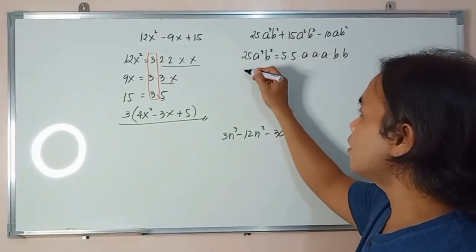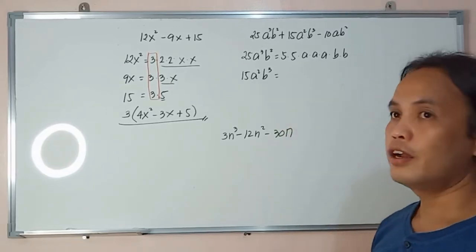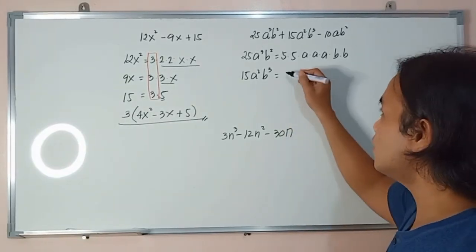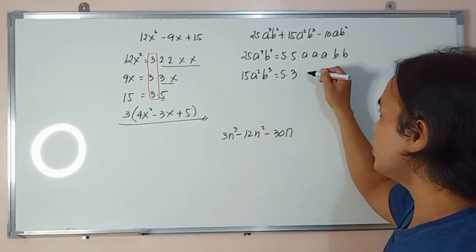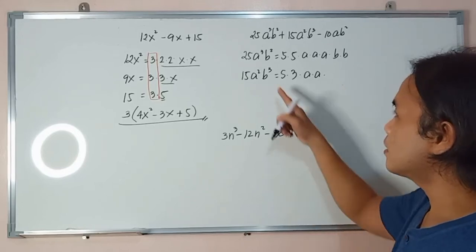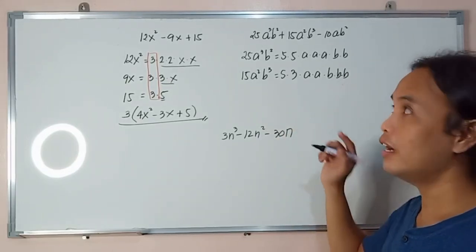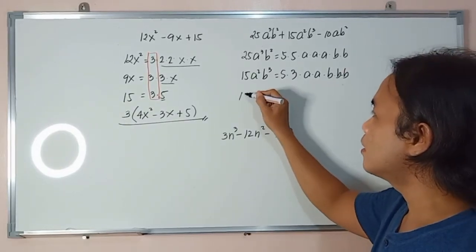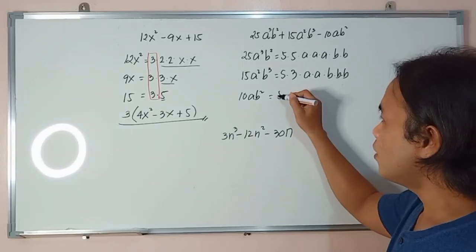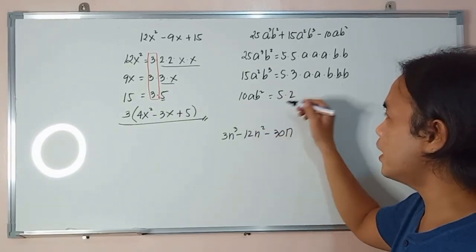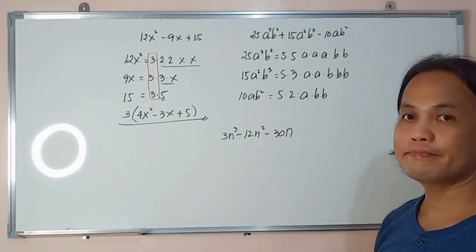Then for the second term, we have 15a squared b cubed. Prime factors of 15 are 5 times 3, that is 15. Then a squared, we have a times a, times b times b times b. Then for the third, we have 10ab squared. So we have 5 times 2 for 10 times a times b times b.